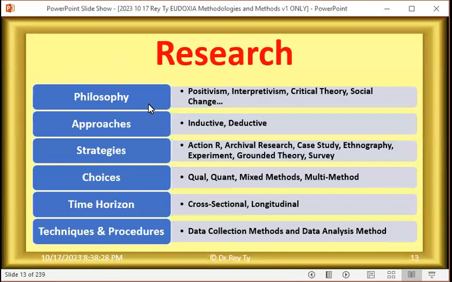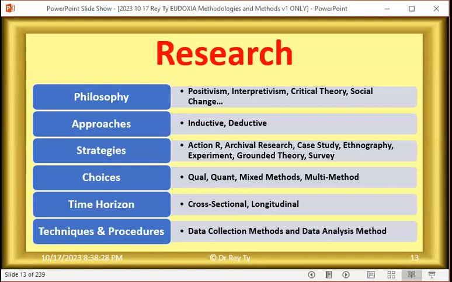That's the four major philosophy of research. And approaches, it would be a posteriori or a priori research. Strategies, are you involved in action research, in using secondary sources, or looking at one case, such as Harvard Business School uses the case study approach.